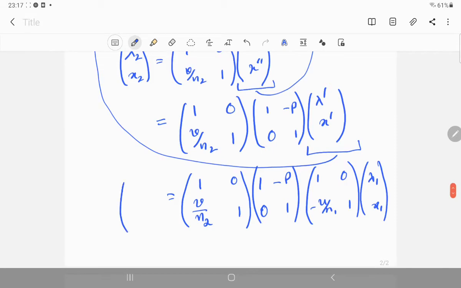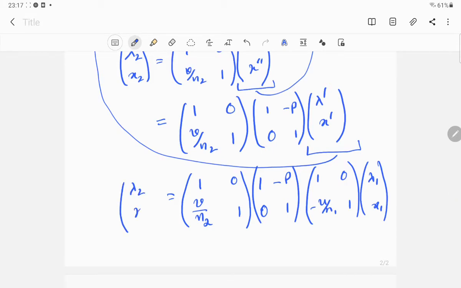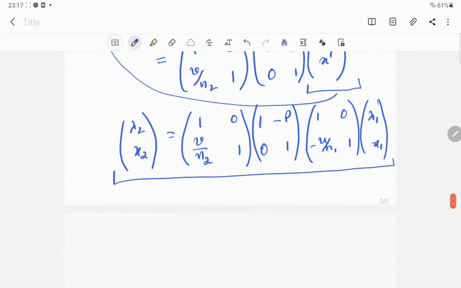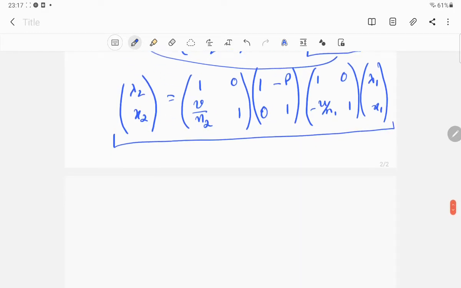Okay, so that is nothing but lambda 2 x2. I hope this is fine for all of you. We have just done some multiplication. Now if you multiply all this, I hope all of you know matrix multiplication, I am not supposed to do it here. Okay, one by one you can multiply.